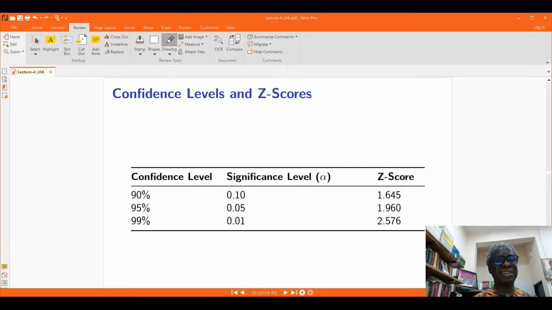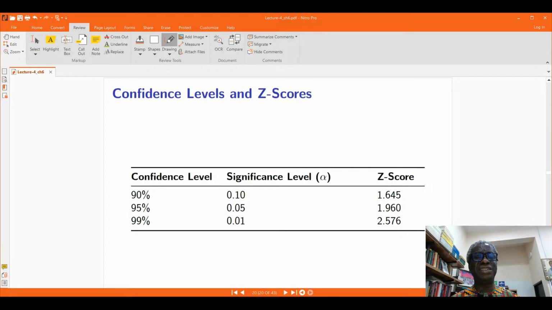Finally, 99% confidence level translates to 1% significance level, and the Z score is 2.576. You will notice here that as your confidence level increases, your Z score actually increases.